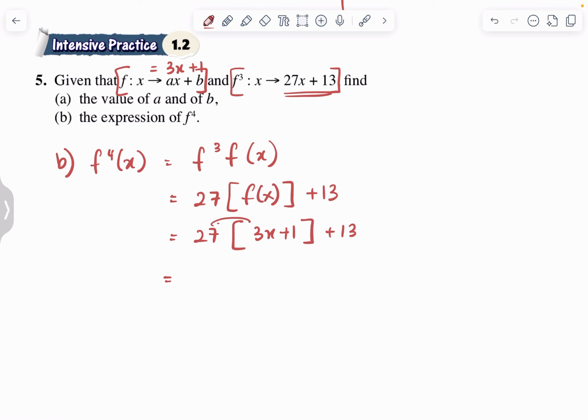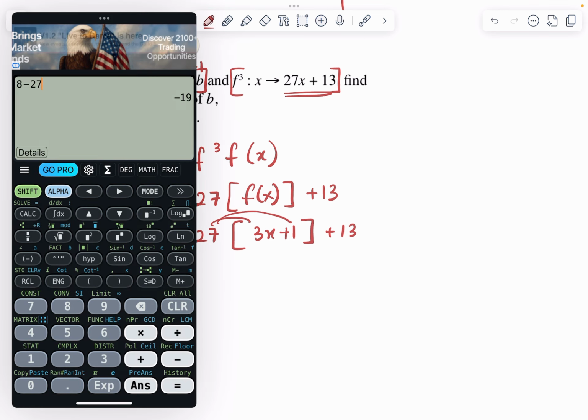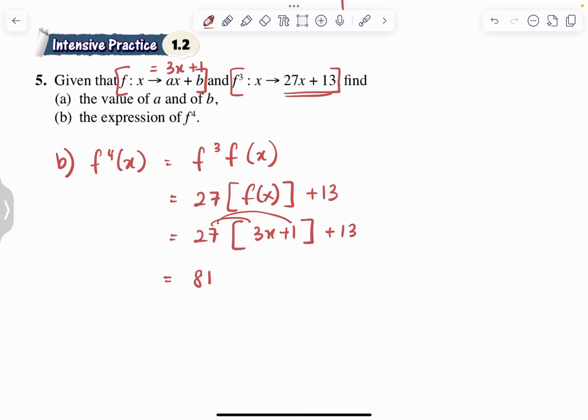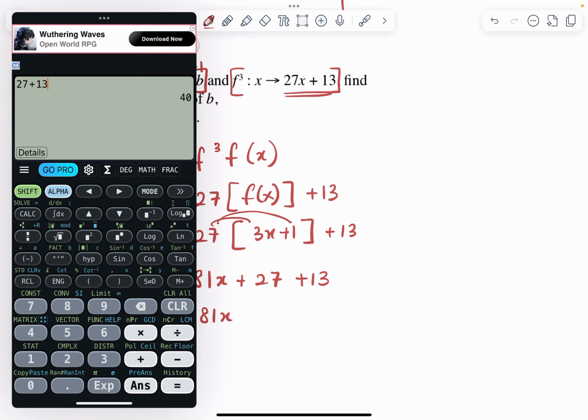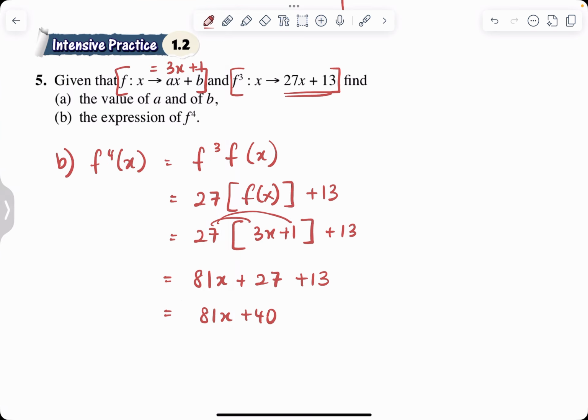So now we expand this. 27 times 3 is 81x plus 27 plus 13. So 27 plus 13 will give us 40. So we write here plus 40. So this is our f4 of x. Done.